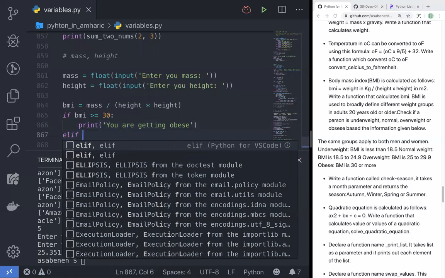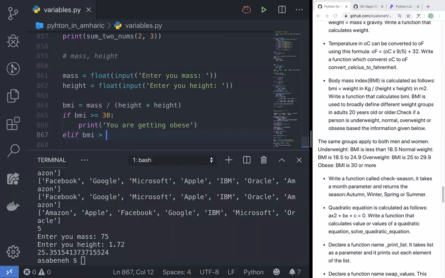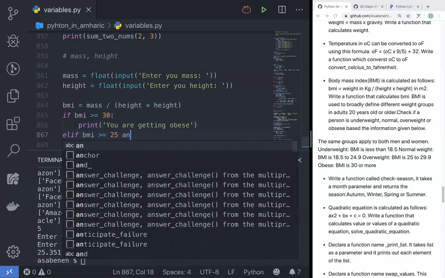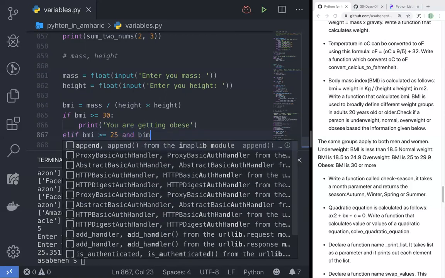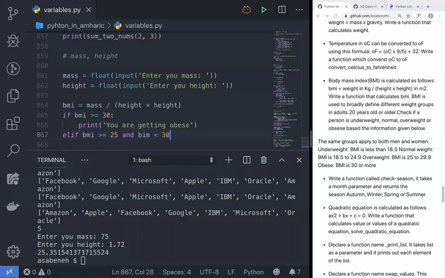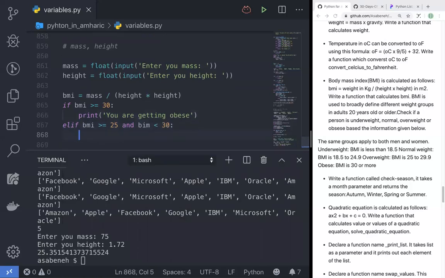If your BMI is greater than or equal to 25 and BMI less than 30, what is it? Overweight, then print you are overweight.